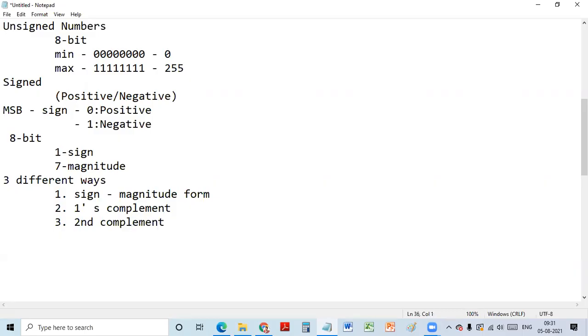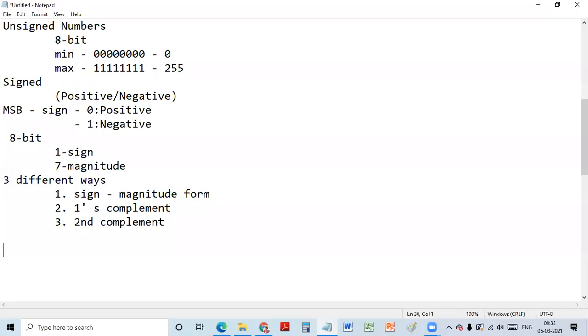I feel you know how to calculate the 1's and 2's complement of a number. To calculate the 1's complement, you replace 1 by 0 and 0 by 1, and then you get the 1's complement.